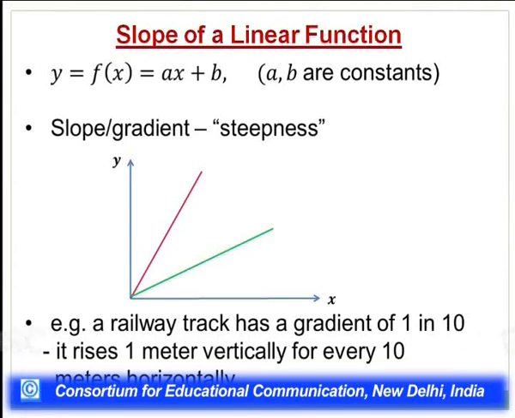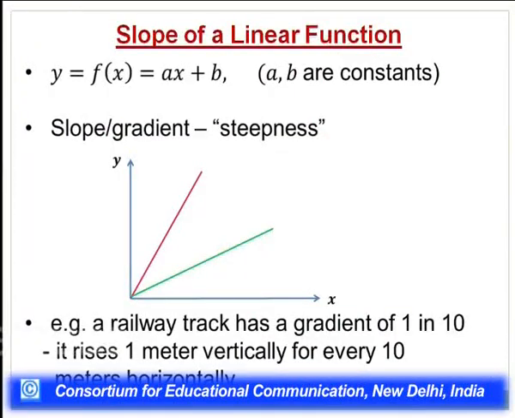Now, let us also get a sense of where these kinds of words are used in everyday usage. For example, if we are talking of a railway track or a ski slope, sometimes you might find written somewhere that a railway track has a gradient of 1 in 10.